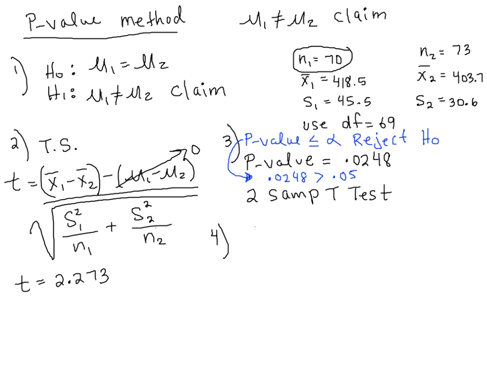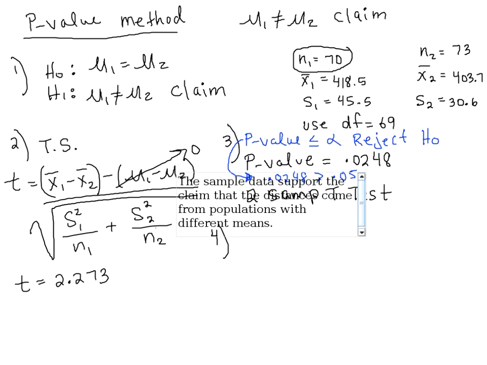It says, test the claim that the distances come from populations with different means. So the sample data supports the claim that the mean distances are different. And let me make sure that it's written exactly the way the problem is. Test the claim that the distances come from populations with different means. And I went back to the problem. I just copied how it was phrased.